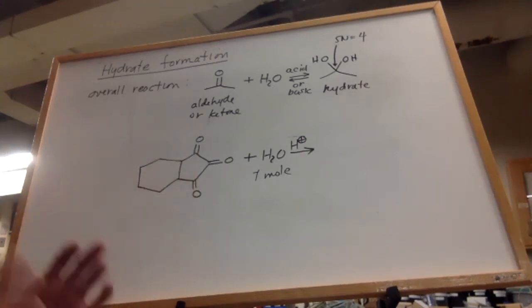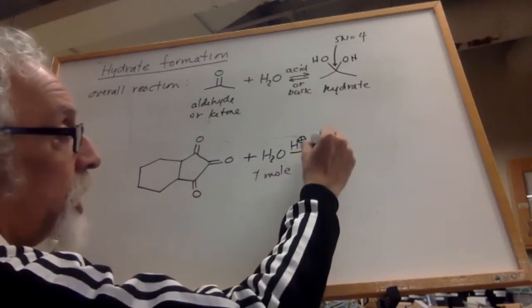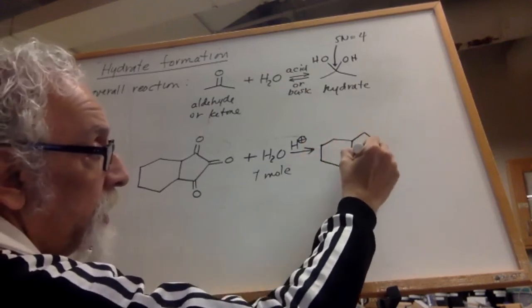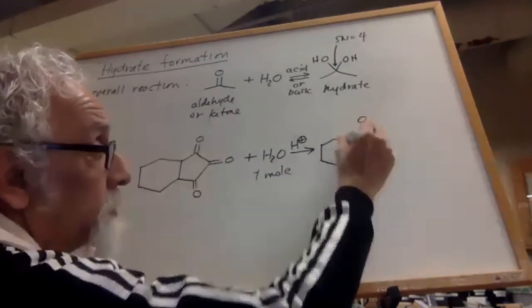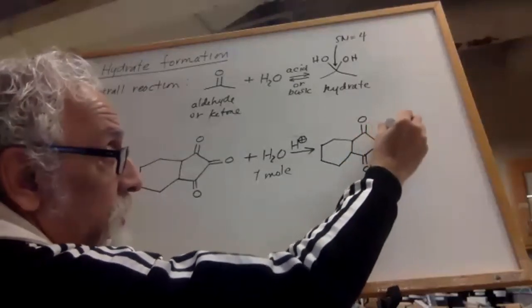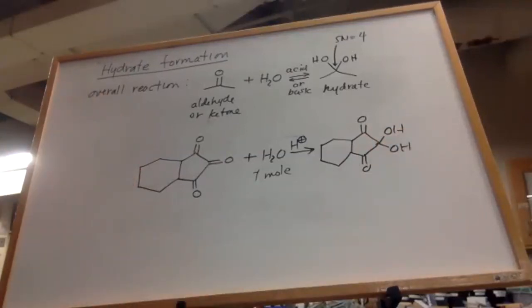The 3 o'clock carbonyl is closer to more electron withdrawing groups. So it will be the 3 o'clock carbonyl that will react, definitely. So does everybody see that? Any questions about that? The 3 o'clock carbonyl is closer to more electron withdrawing groups. And so if I only have 1 mole, that's the one that's going to undergo reaction. Yes? Okay, let's try another one.